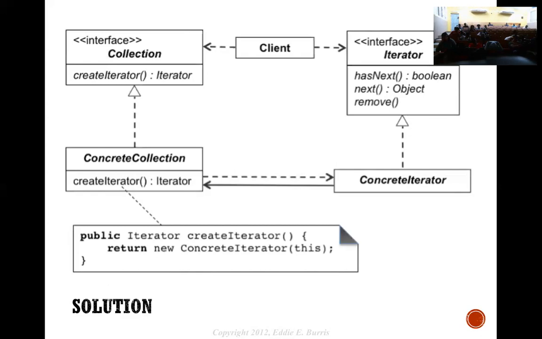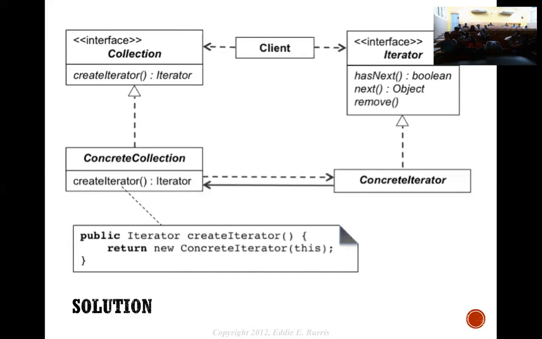If you look at the interface, you see that the interface is designed with a method that returns an iterator, but you want to specify what kind of iterator you are going to return. So the concrete collection can create an iterator and return that iterator, and that iterator is specifically for the concrete collection.